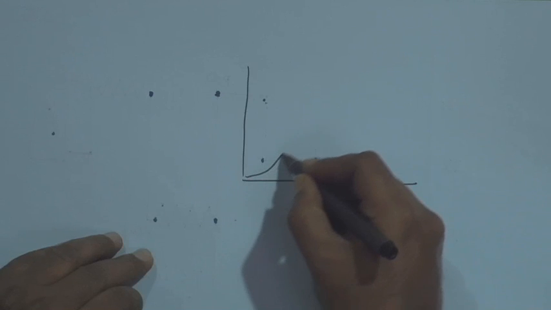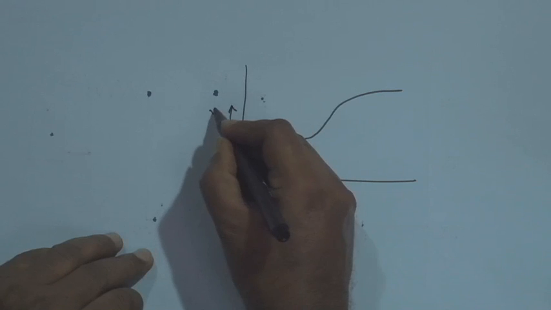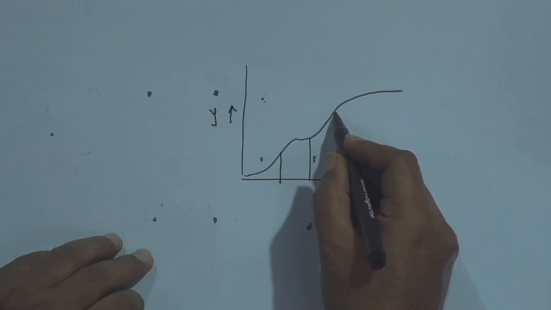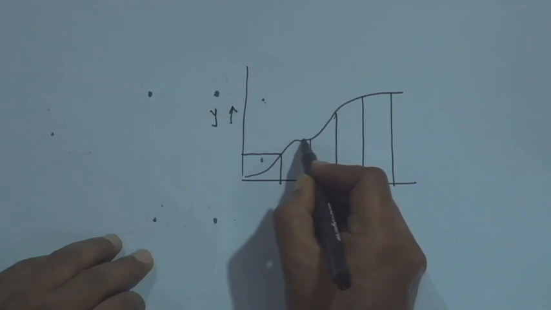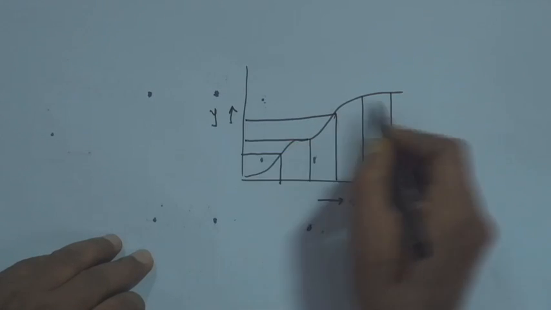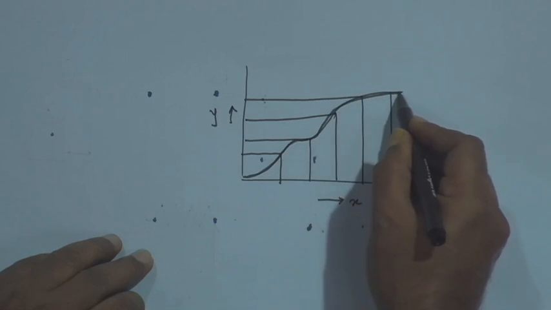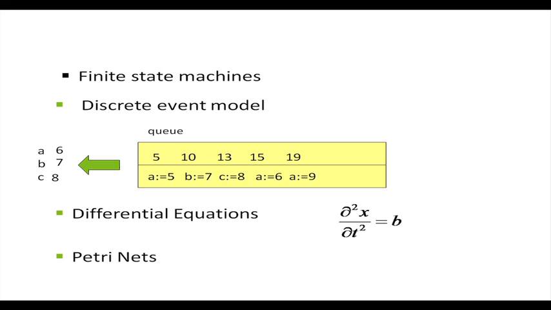It is a continuous phenomenon, something like this, where this is y and here is x, but we actually take some discrete views. We have discussed sampling and all those, and take the data at distinct points. But in some applications, we need to actually model this continuous behavior, and for that differential equations are a better model. All of you are familiar with differential equations.